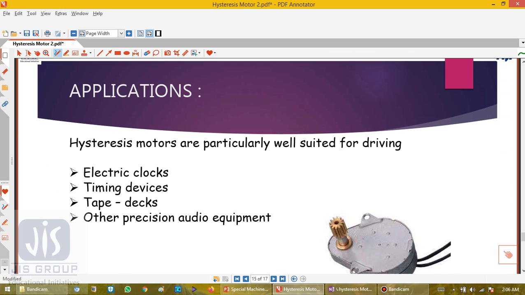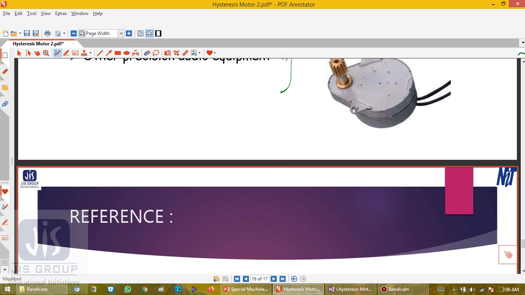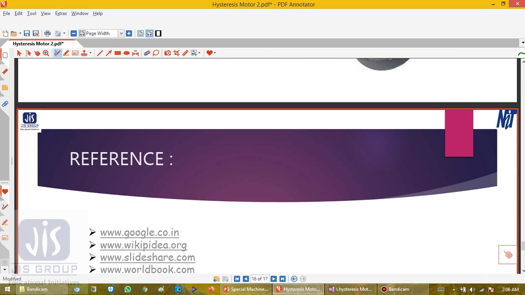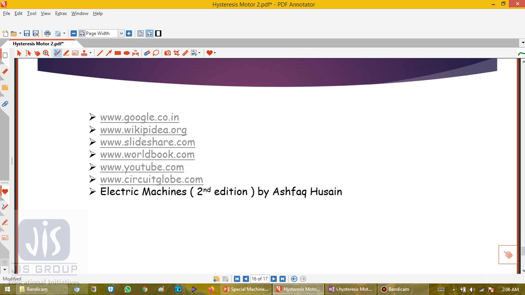And the hysteresis motor is generally used in electrical clocks. We should remember this: timing devices, tape decks, and other precision audio equipment. So basically the hysteresis motor is used in audio equipment. Okay. So this is all about the hysteresis motor.